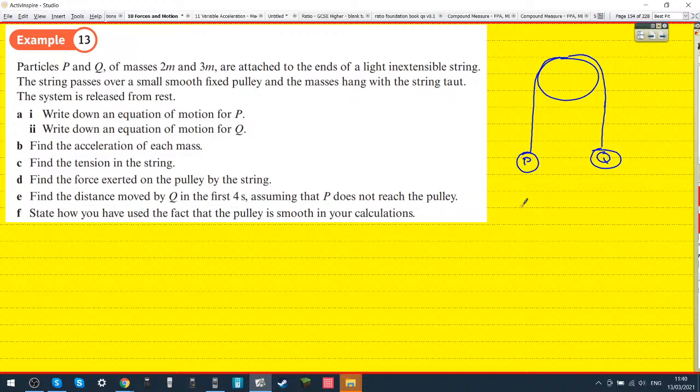So an equation of motion, would it be 2m minus 3m? Let's say F equals ma. Which way is it going? The 3m one will be going down. Q would be going down and P would be going up.